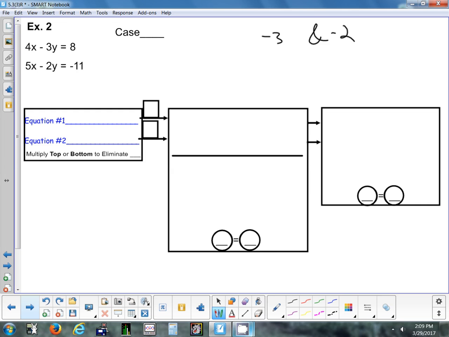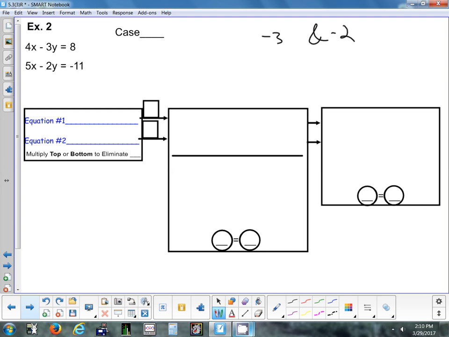That's the easiest way to remember it. And you guys said 6. So once we make those y's both 6s, we want one of them to be negative, and we want one of them to be positive, right? So they cancel out.